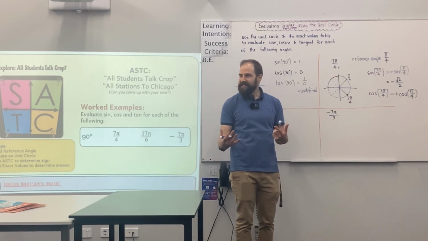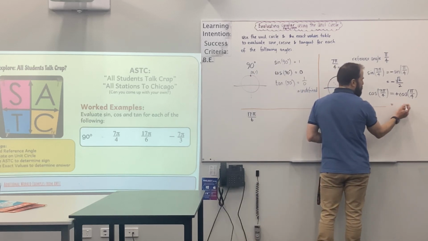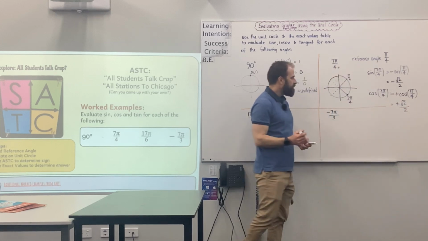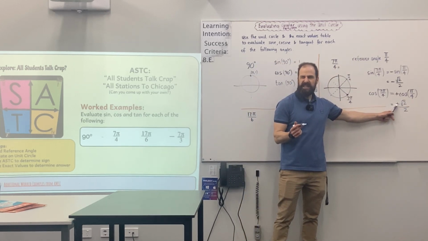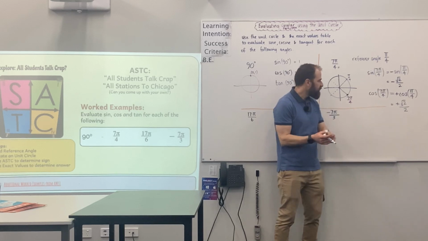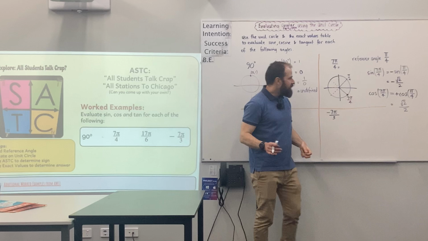And then I look up my exact values table. What is cos of pi on 4 equal to? It is equal to root 2 over 2. Do I need to write the plus sign? Nah. So I'll get rid of that. So that's my answer for the second one.